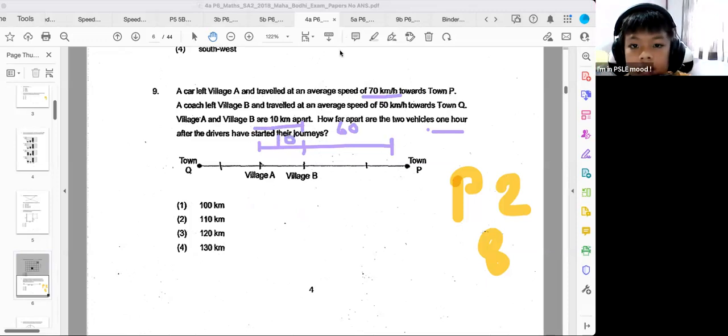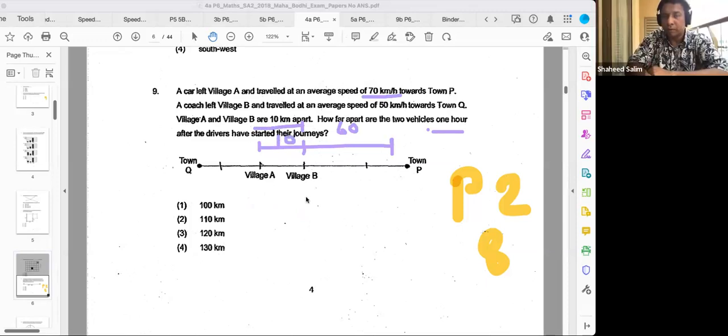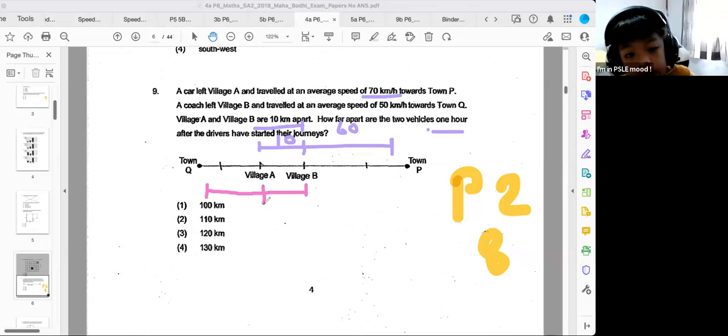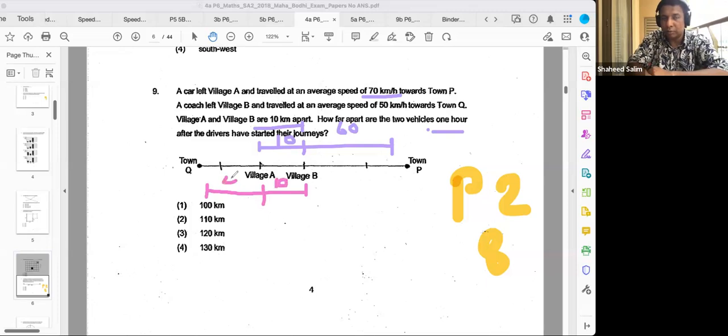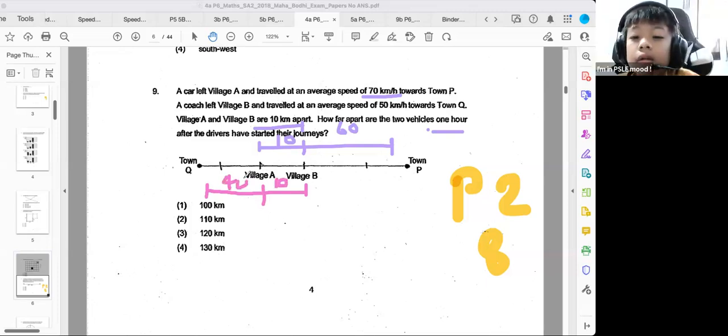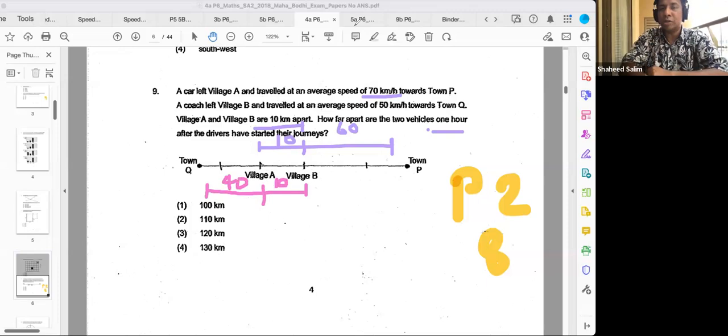So now the other side can travel 50 km. So from here, let's say down here up to here, 50. So down here now, again, this is 10. And the balance is 40. So if you want to find how far each car is from each other, you can see this, you see?